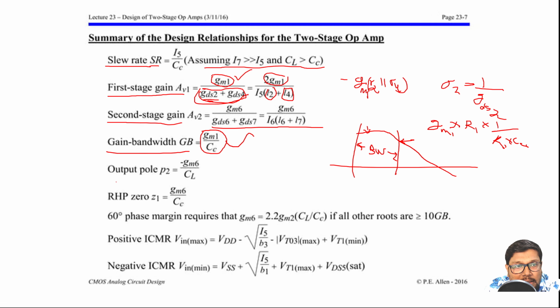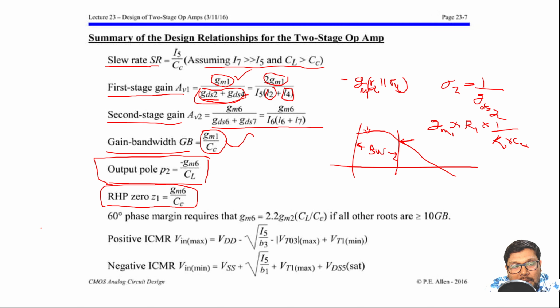Okay, now output pole P2. So output pole is minus GM6 by CL. Okay, it will depend on the GM6 and CL. And your right-half-plane zero is GM6 by CC.